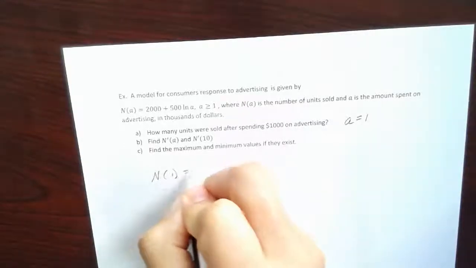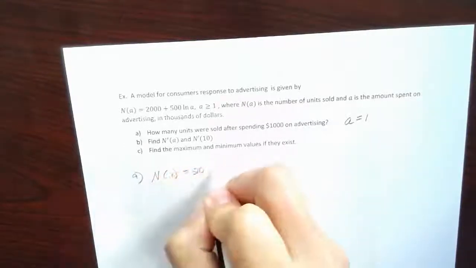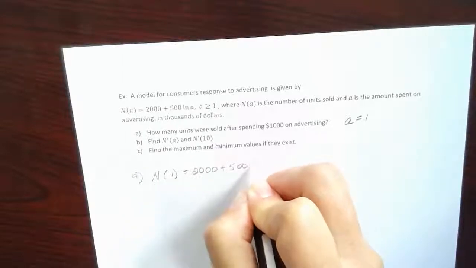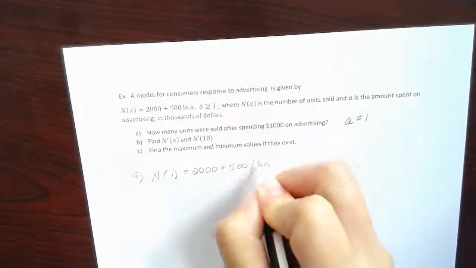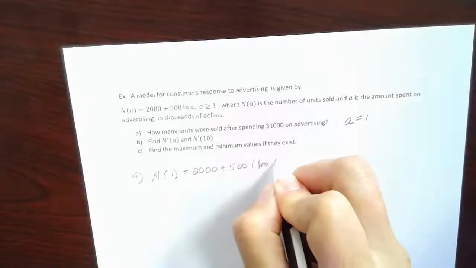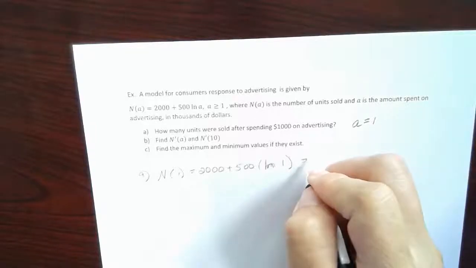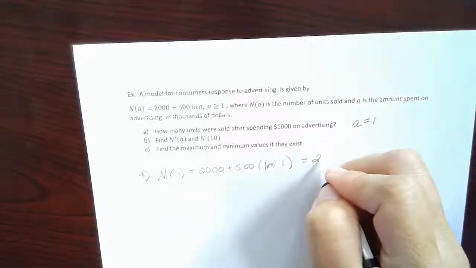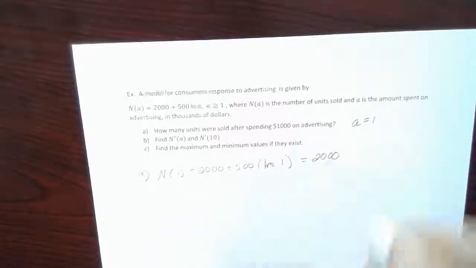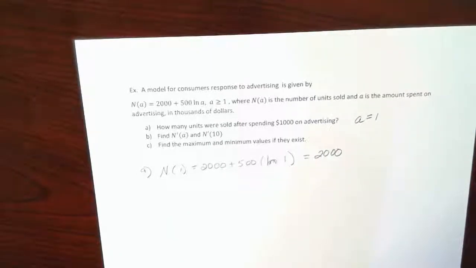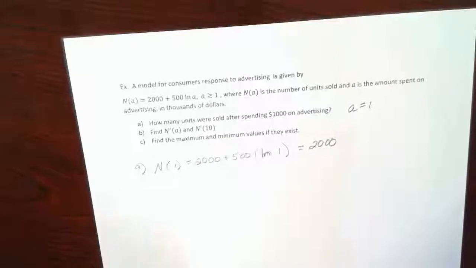So N of 1 will be equal to 2,000 plus 500 times the natural log of 1, which happens to be 0, because anything to the 0 power is 1. So 0 times 500 is 0, so this is just 2,000. Okay, so we'd be selling 2,000 items.